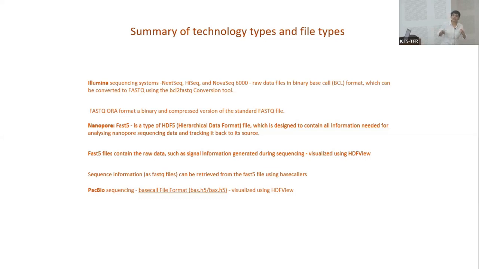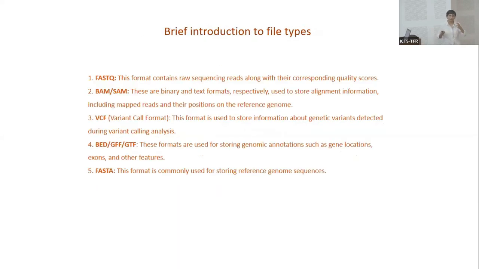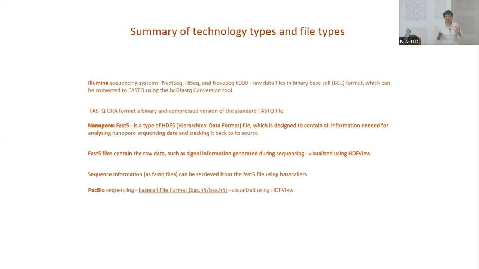This FAST5 can be converted to FASTQ using base callers. PacBio also has a separate format for itself. So the initial raw file format is usually convertible to FASTQ so that you can do the rest of your work using standard open source tools.